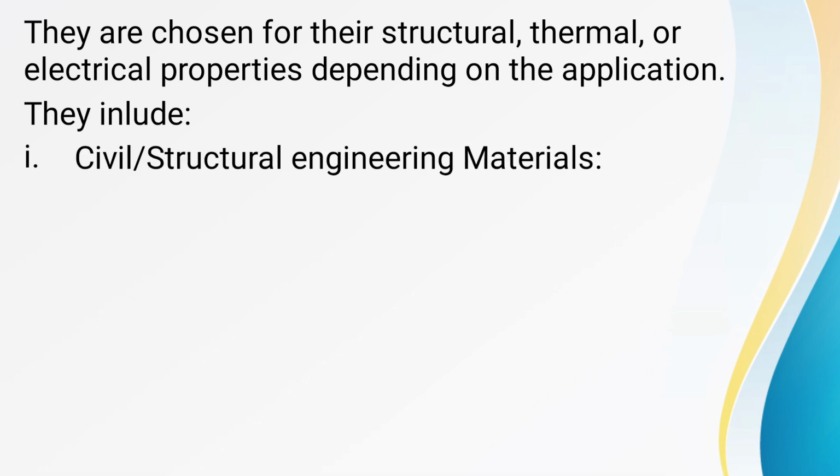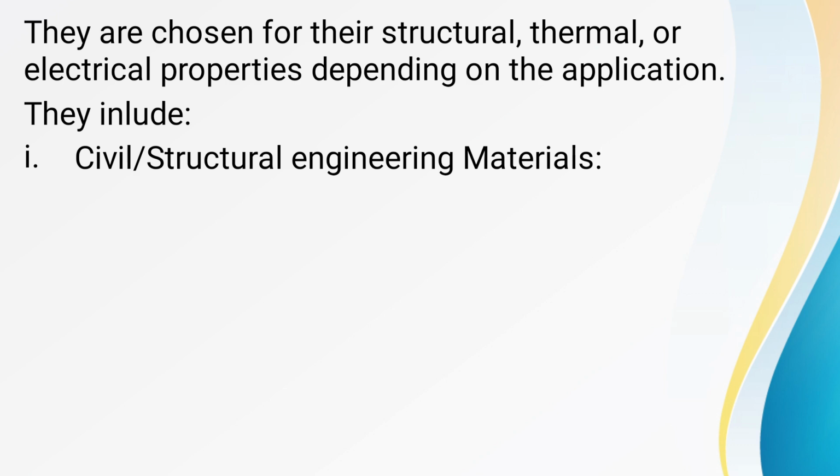So we can further outline some types of engineering materials, whereby they can be classified as either civil or structural engineering material, electrical, or mechanical, because in any building structure you will find structural works, electrical works, and mechanical works.